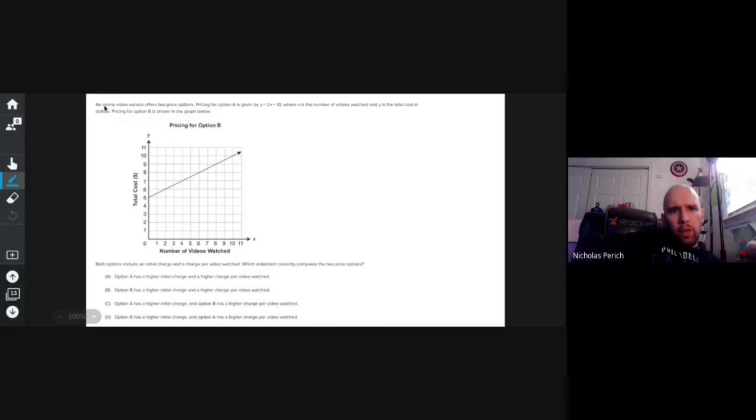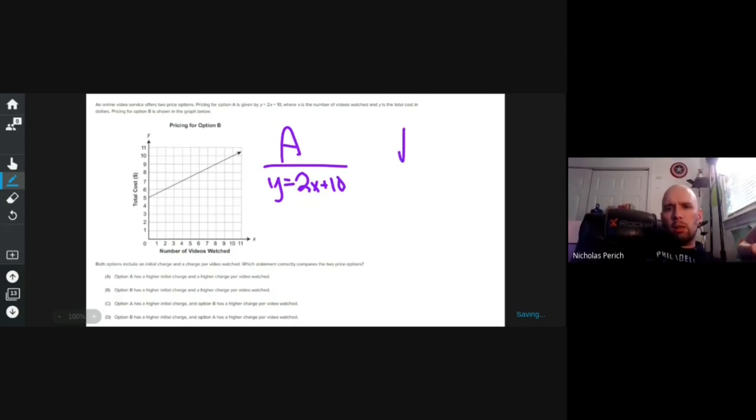An online video service offers two price options. The price option for A is given by y equals 2x plus 10. There's B. So I need to find B. How do I find B? Well, I'll do slope-intercept form, which looks like this.